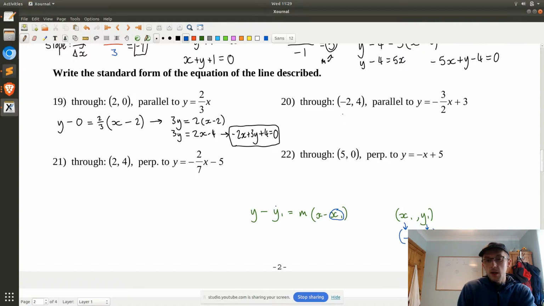Here where it says y1, I put 4. So y minus 4 equals, what's the gradient? Right here. Negative 3/2. I open my brackets. X minus, what comes next? Minus 2. Like that.